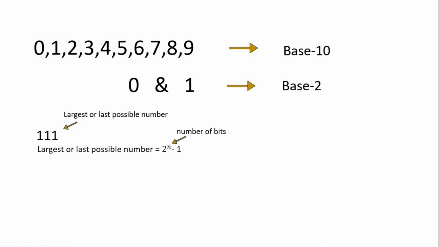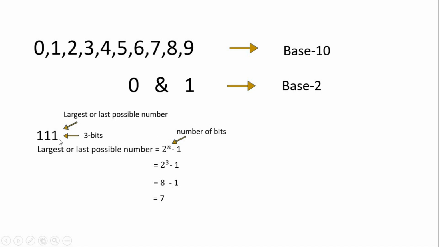And since we have 3 bits, according to the formula, the largest or last number will be 2 to the power 3 minus 1 equals 8 minus 1, which equals 7.